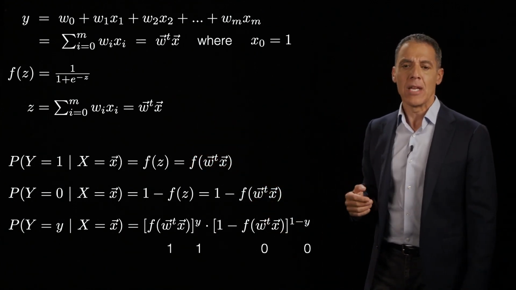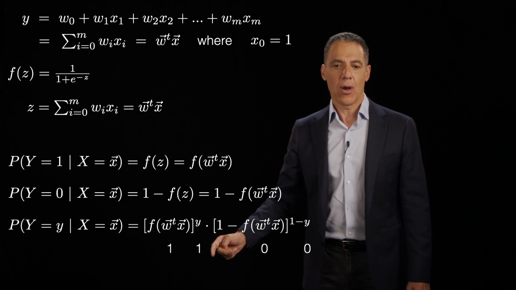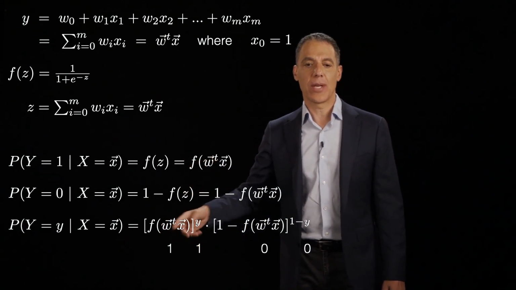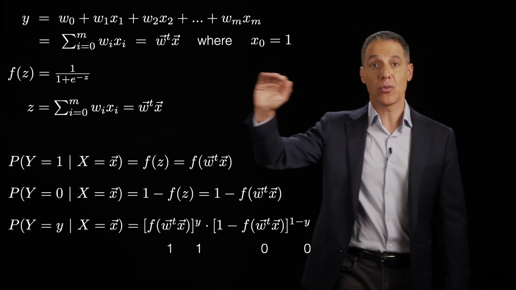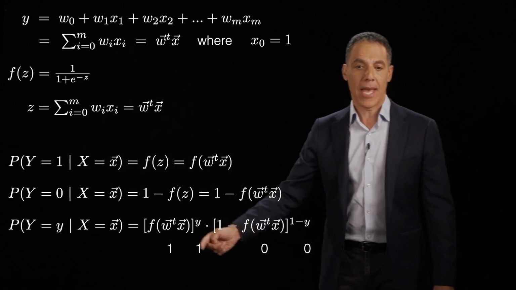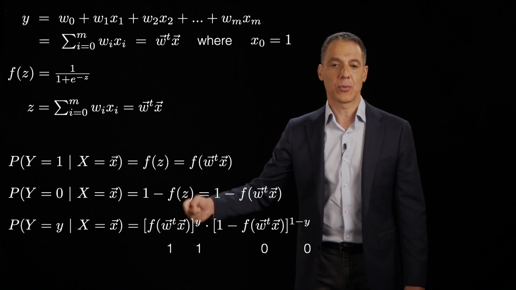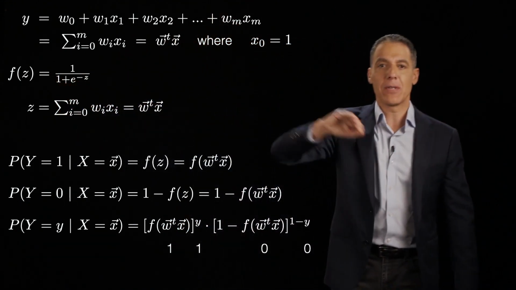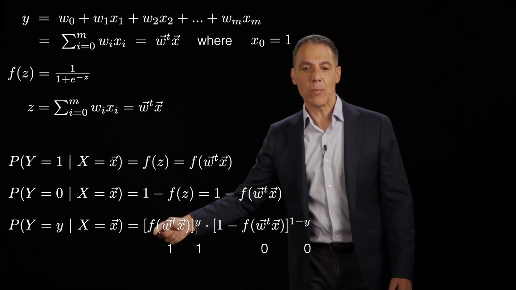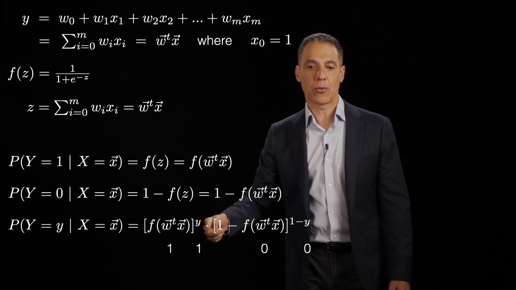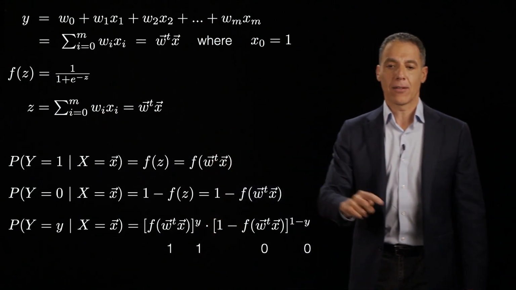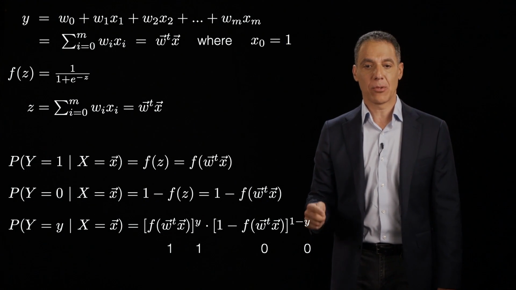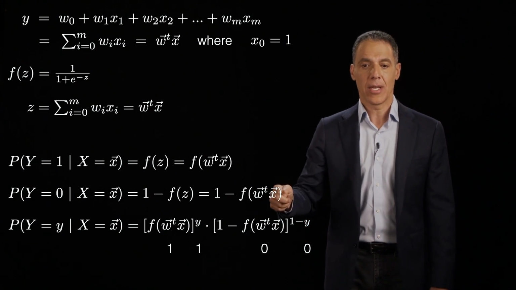Well, let's see. Let's consider the case where y is 1 for this label right here. And let's consider the case when f of w transpose x returns 1, which means I've applied the model, I've shoved it through the nonlinearity, and it gave me a value of 1. Well, then this whole thing in the square bracket here will be 1. Good. Now, let's move over to here. Let's consider the case when y is 0. That's the class label associated with this line right here.